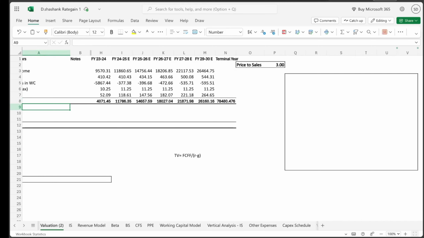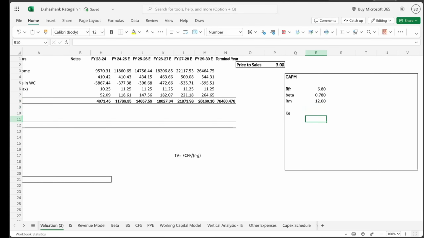The next thing we have to do is decide a discounting factor. We get our cash flows, then we need a discounting factor. So let's derive cost of equity by CAPM. Current risk free rate is, I think, this. I have calculated beta, which comes as 0.78, and risk premium in India currently is around 12%.